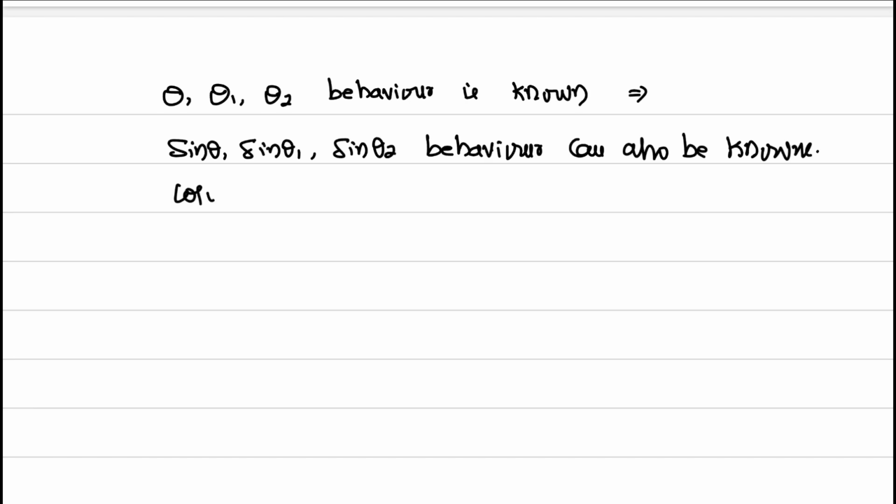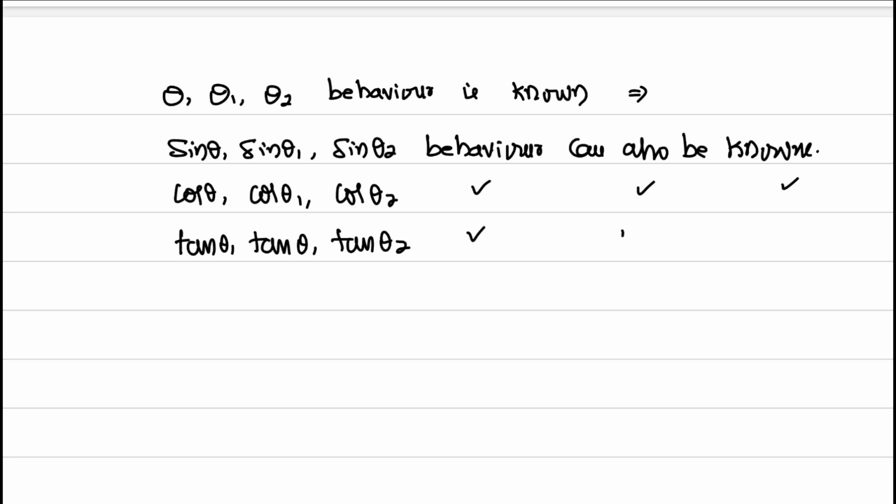Similarly, cos theta 1, cos theta 2 behavior can also be known. Tan theta 1, tan theta 2 behavior can also be known, because the sides' behavior is known.